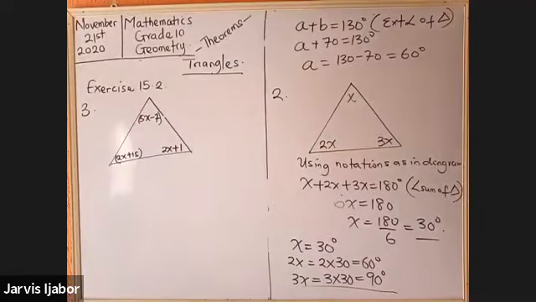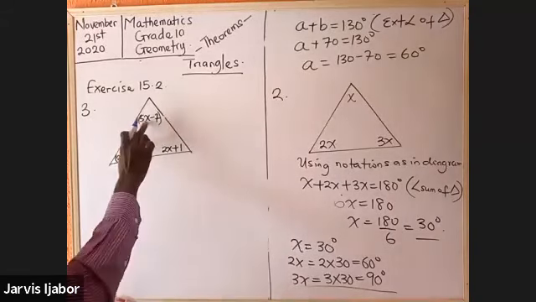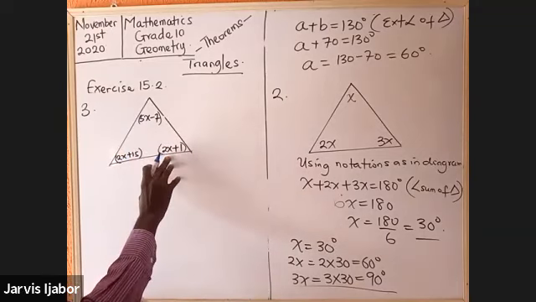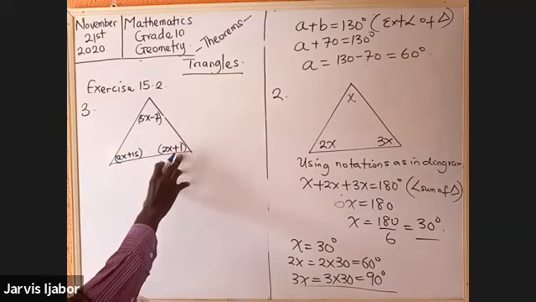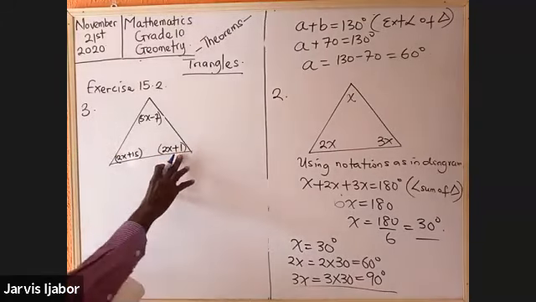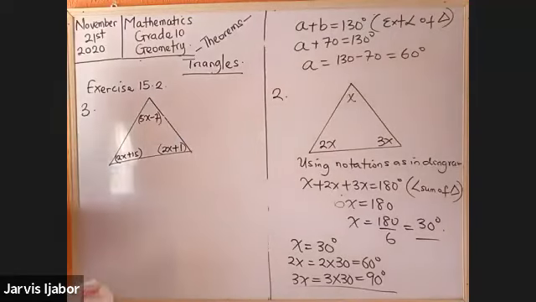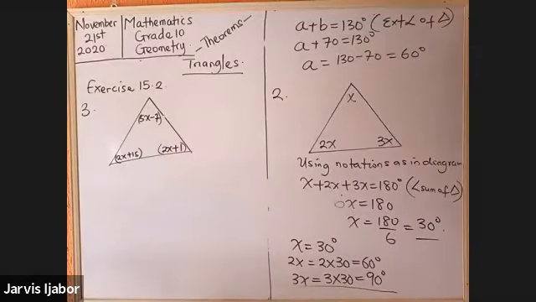Let's go to question 3. Question 3 says three angles of a triangle are 5x minus 7, 2x plus 15, and 2x plus 1. It says find the value of x and hence find the largest and the smallest angle.